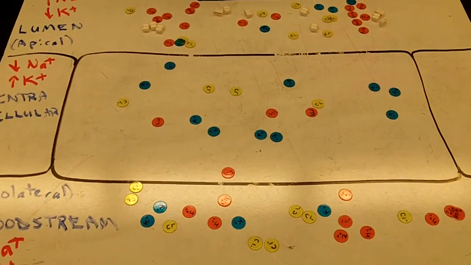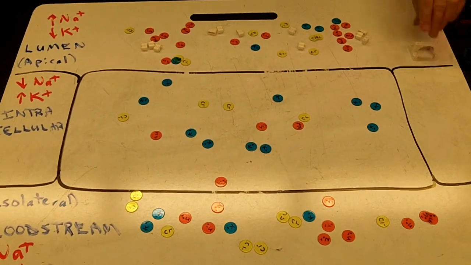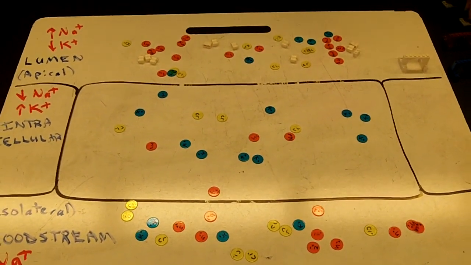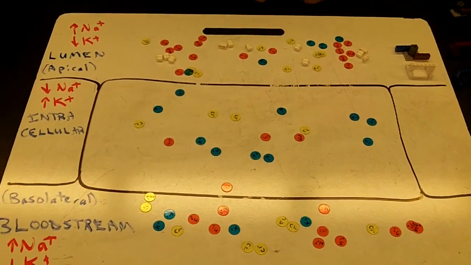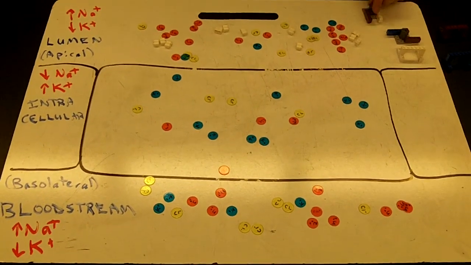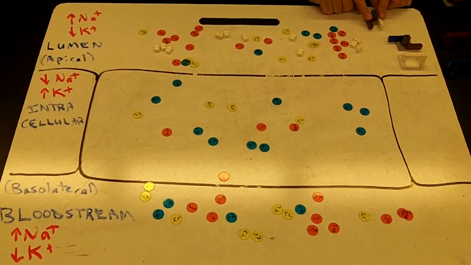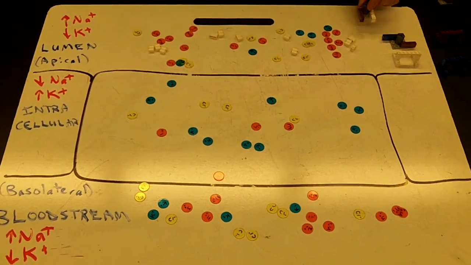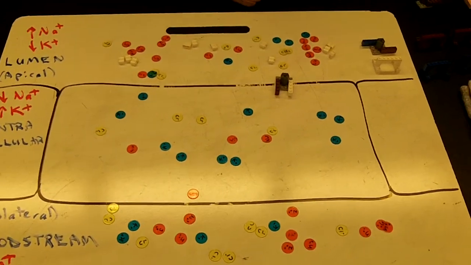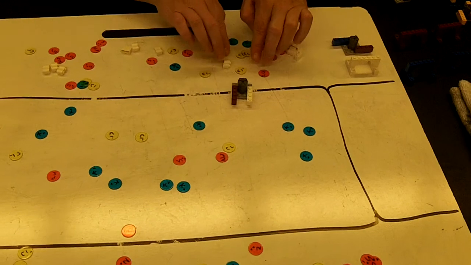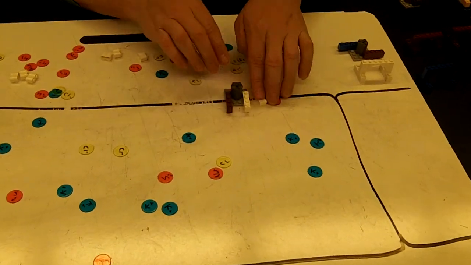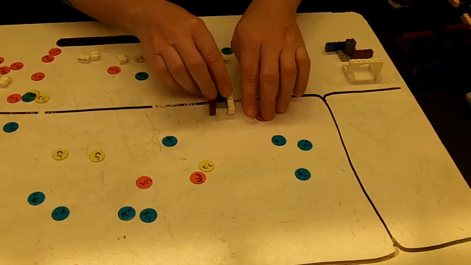The players for this are going to be a passive glucose carrier, my sodium potassium ATP pump, and a sodium glucose symporter. This is a membrane protein that will use a high sodium concentration to help drive glucose in the same direction across the membrane.